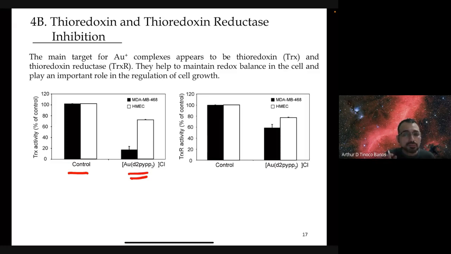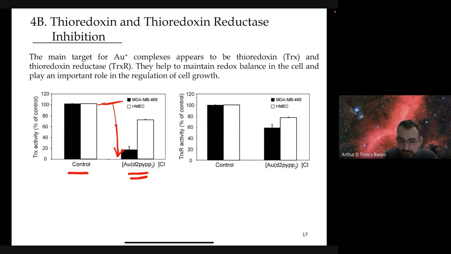What we can observe is that the compound is affecting the thioredoxin protein much more. You can see the activity is decreased relative to control much more in the cancer cell line than in the non-cancer cell line.